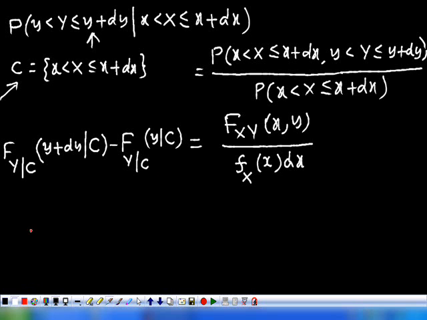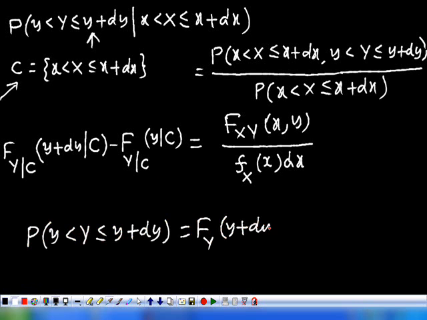See, I will write the probability of y less than y less than or equivalent to y plus dy as Fy of y plus dy minus Fy of y. This is the fundamental property of the CDF: the probability of y1 less than y less than or equivalent to y2 is Fy of y2 minus Fy of y1.